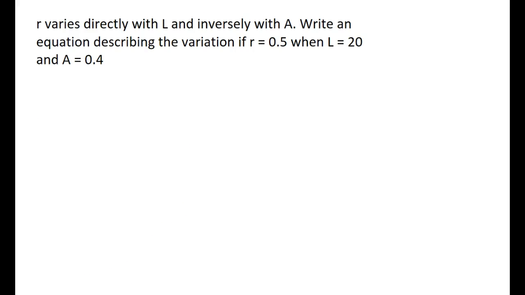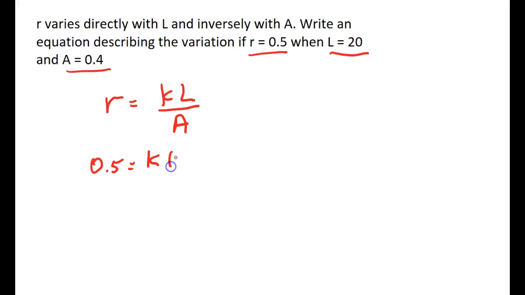So let's take a look at this example. R varies directly with L. So I'm going to say R is K times L, and inversely with A. So I'm going to go divided by A. Write an equation describing the variation if R is 0.5, L is 20, and A is 0.4. So let's plug in our numbers. 0.5 equals K times 20 over 0.4.